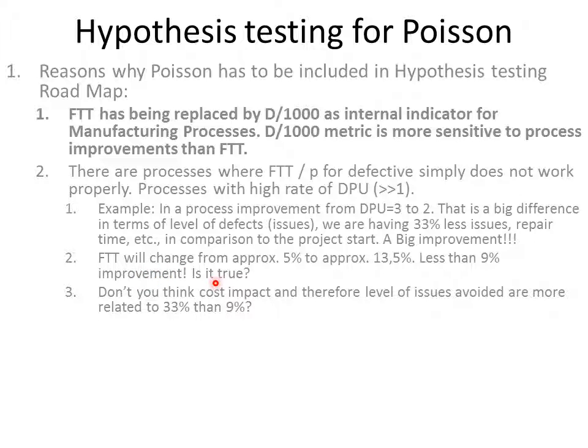Is it true? Don't you think the first is better? And therefore the level of issues avoided is more related to 33% than 9%? This is an example of why to use defects per unit instead of proportion, FTT, first time through.